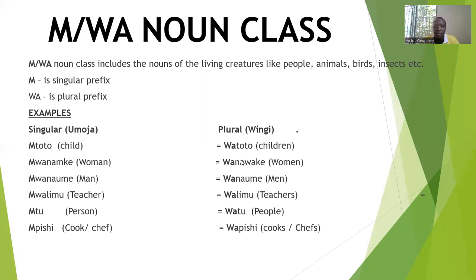The other nouns that start with M in singular can have another plural, can be me. That's why we have M-me. So take note of that. Make sure that the nouns in the one noun class are the ones that in the singular start with M and the plural start with wa, as we see in some of the examples here.